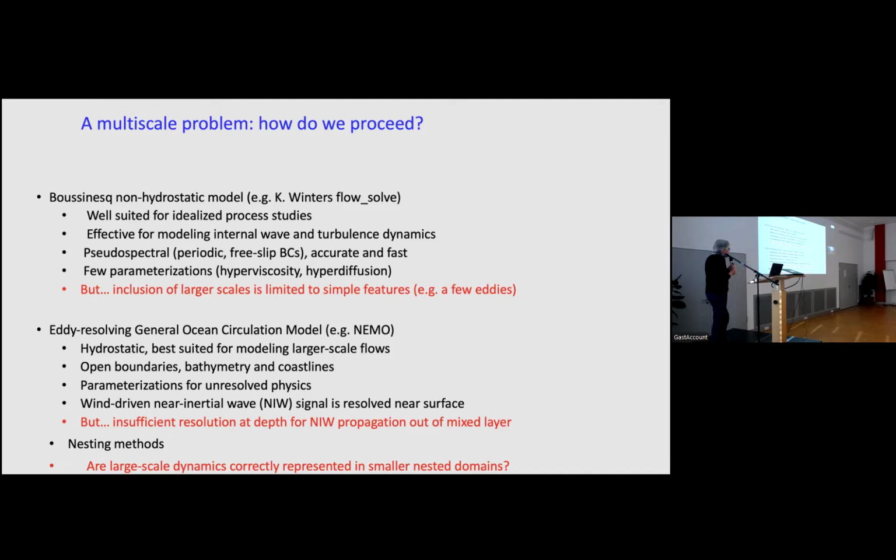And so what we decided to do was to nest a Boussinesq model inside an OGCM. And one of the questions, of course, with these nested methods is, are the large-scale dynamics actually represented in smaller nested domains? How well does the dynamical signature of large scales come down?